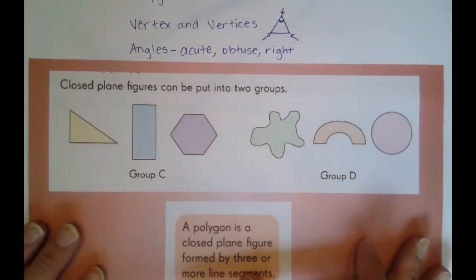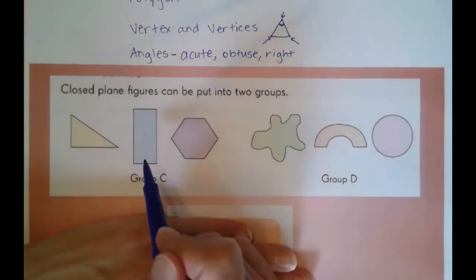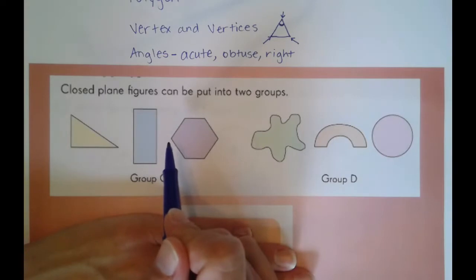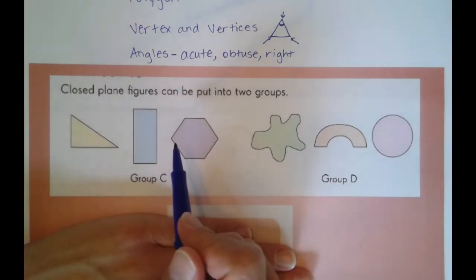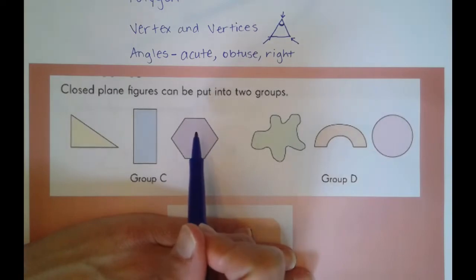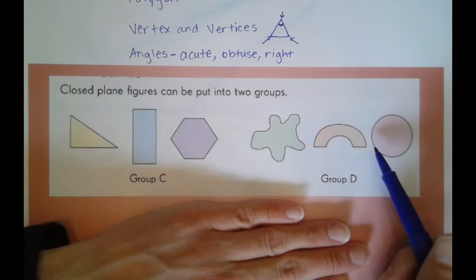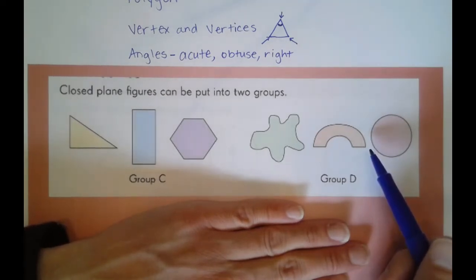So, let's look here. Let's take a look at these shapes. We can classify these closed plane figures into two separate groups. We have group C and we have group D. Okay? All of the shapes in group C would be considered polygons because all of the sides are straight sides. The shapes in group D would not be polygons because they all have at least some curved lines.